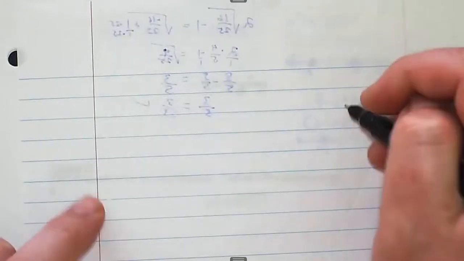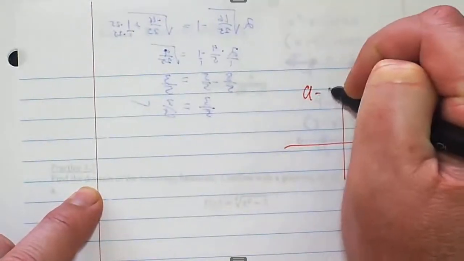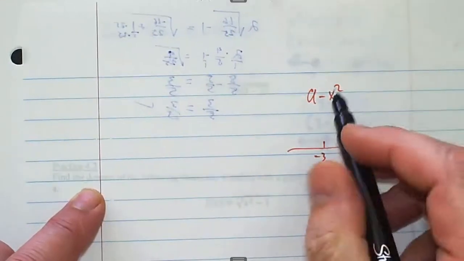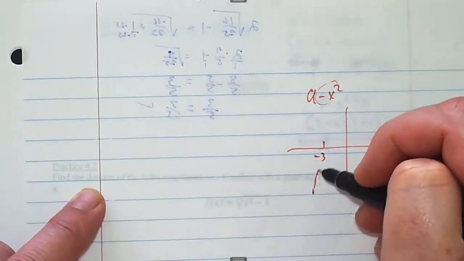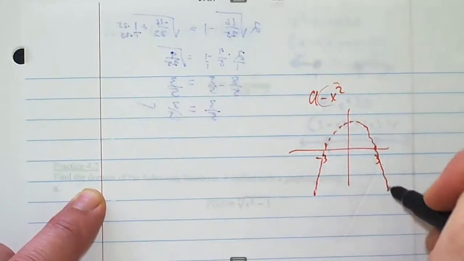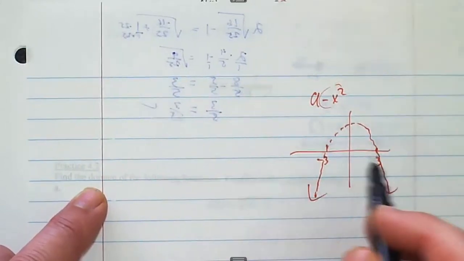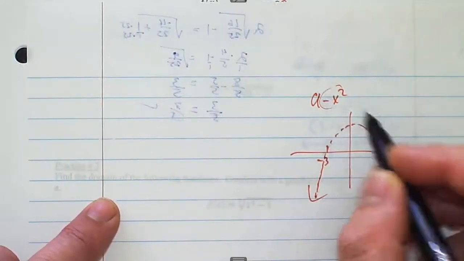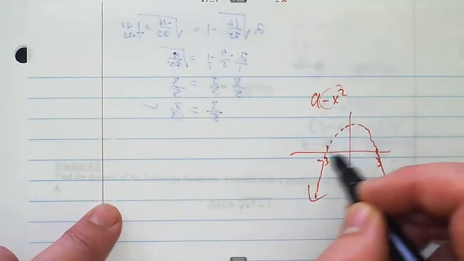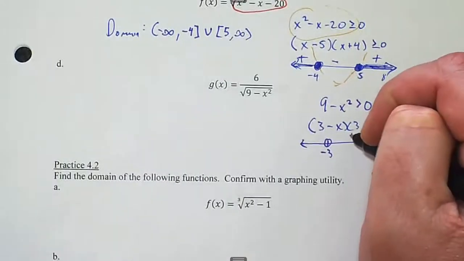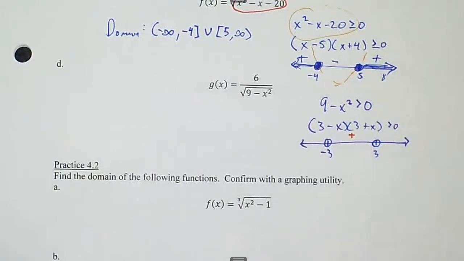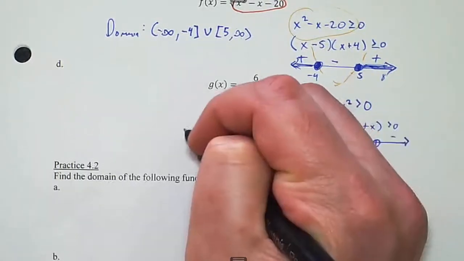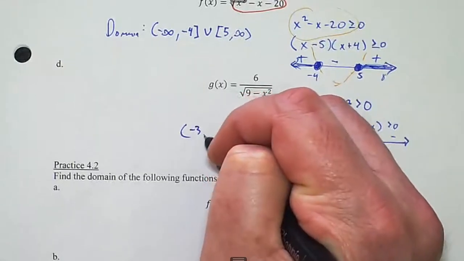If we look at the graph of 9 minus x squared, we just found zeros at negative 3 and 3. But because the x squared is negative, it's opening downward. So instead of, like we had before, this time the part that's above the x-axis, the y value, 9 minus x squared, is positive in between those two places. So it's actually positive just right there. And the other places it's negative. So our domain here is the open interval from negative 3 to 3.